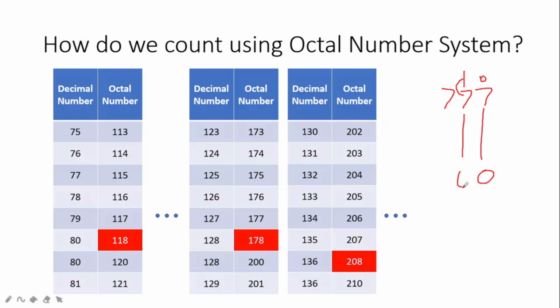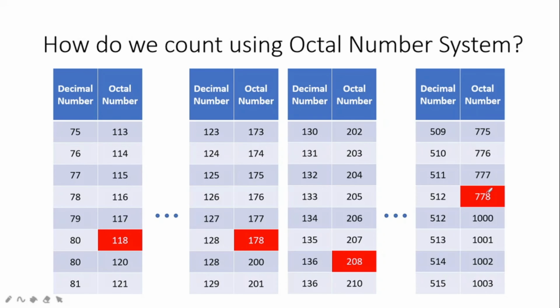So 0 here. Now this 7 has a number ahead of it, so 1 will be carried forward. Then this 7 has a carry, so again find out what comes after 7. Now this 7 has no number ahead of it, so 10 will be written as it is. So 1000 is the next number after 777 as shown here, and this goes on. So this is how we count using the octal number system.